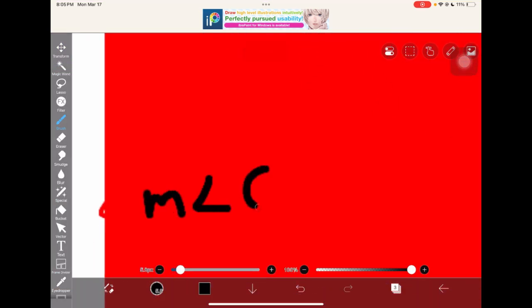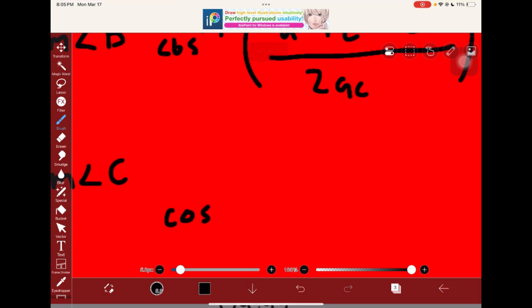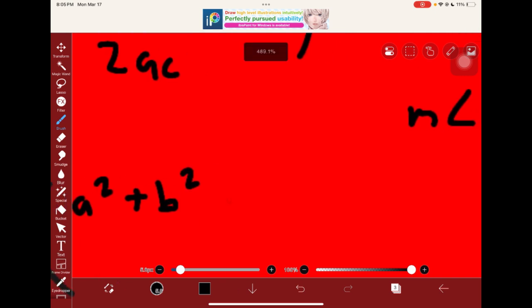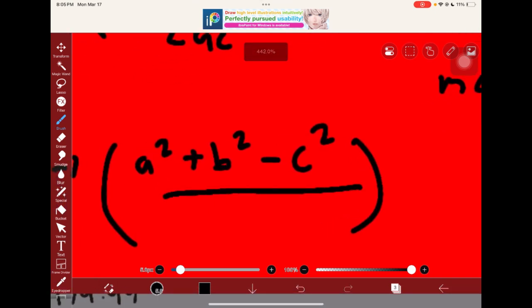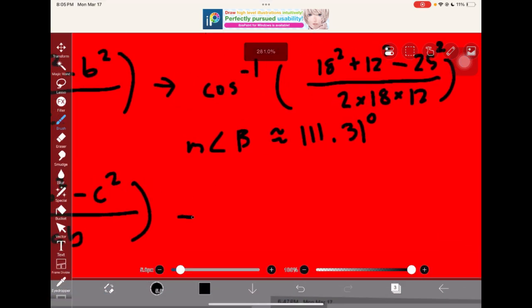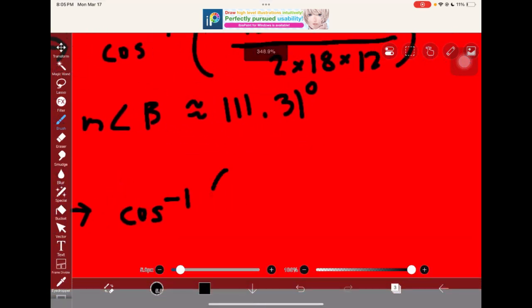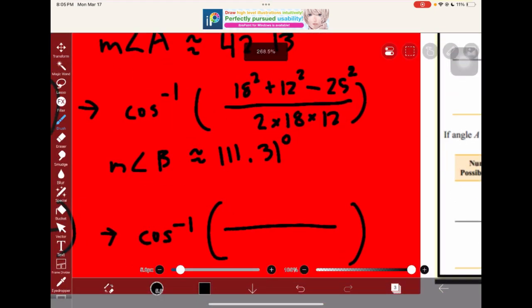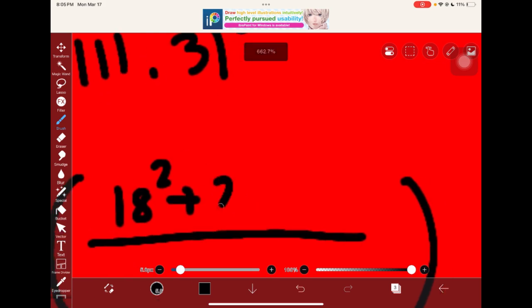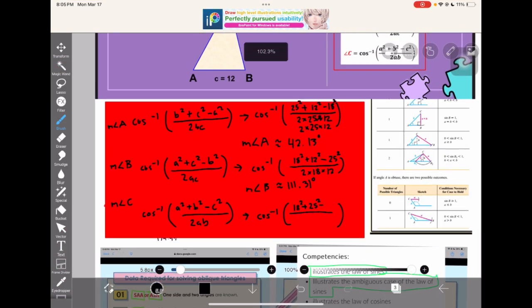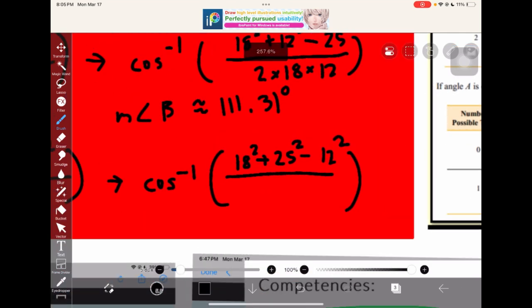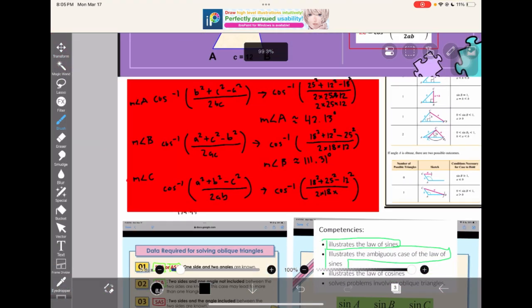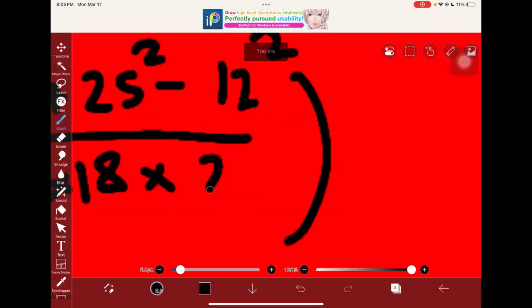Lastly, for the measure of angle C, it's the same thing. Cosine inverse, but this time it's a squared plus b squared minus c squared all over 2ab. Substituting, we get a squared, 18 squared, plus b squared, 25 squared, minus c squared, 12 squared, all over 2 times 18 times 25.